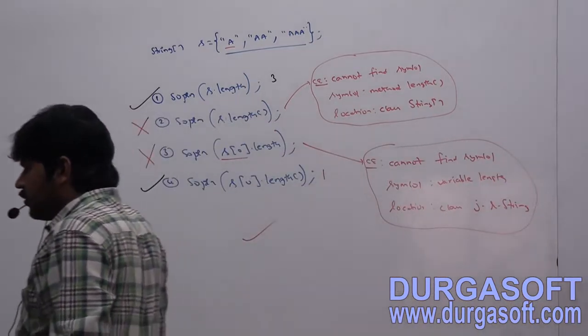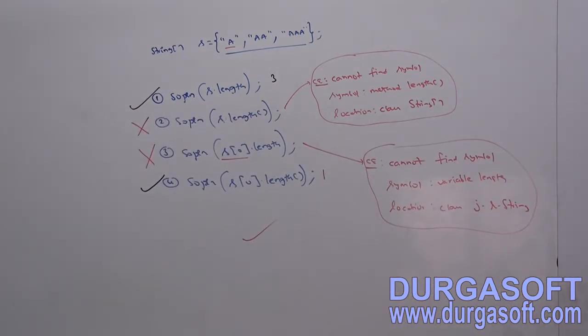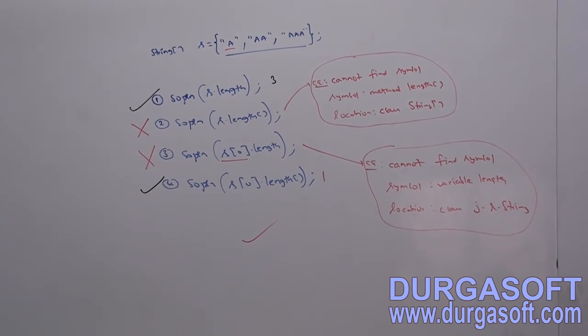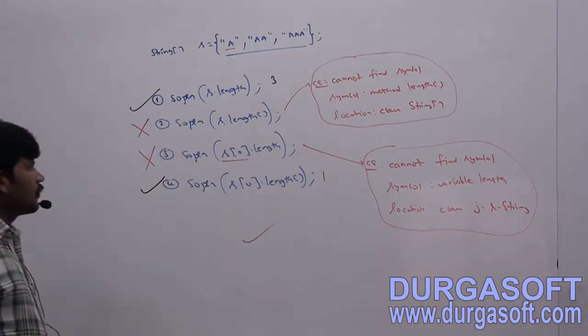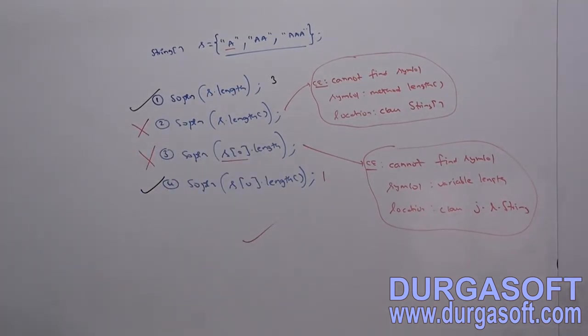Length variable and length method. String array s = {"A", "A", "A"}. s.length gives 3. s[0].length, like this. Completed, I hope.